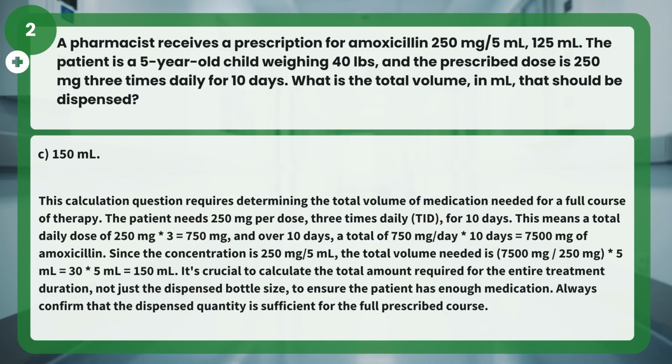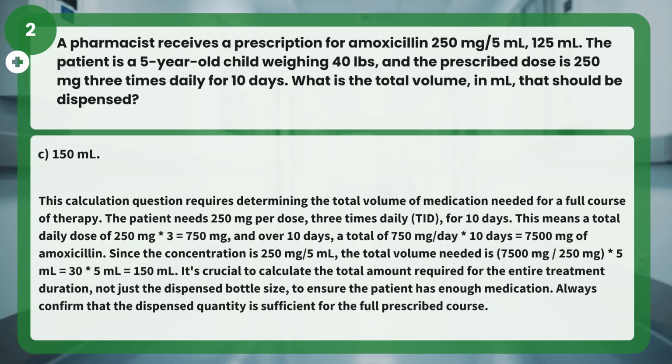Answer: C. 150 ml. This calculation question requires determining the total volume of medication needed for a full course of therapy. The patient needs 250 mg per dose, 3 times daily, TID, for 10 days.